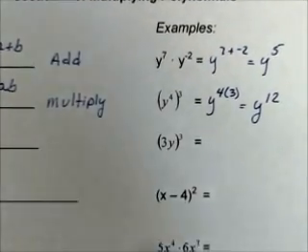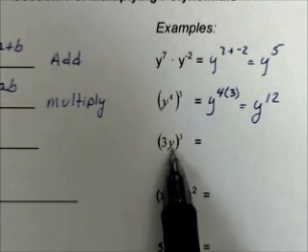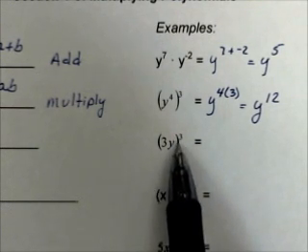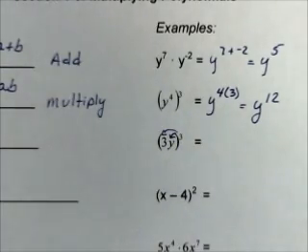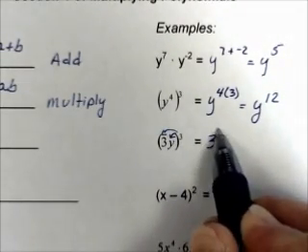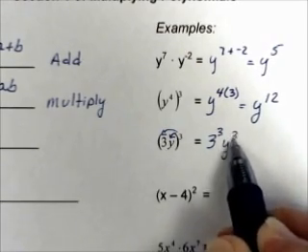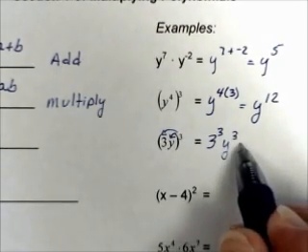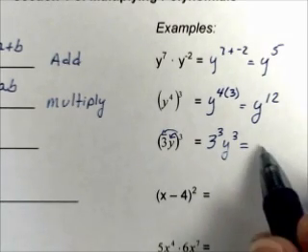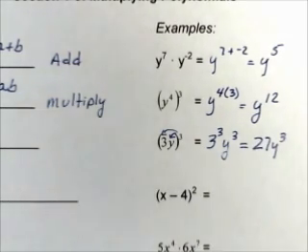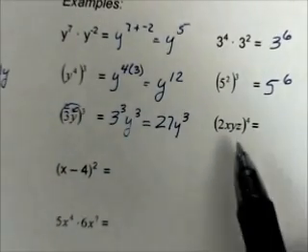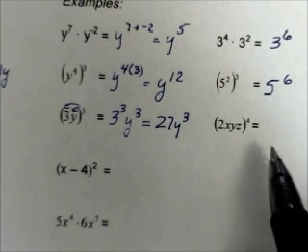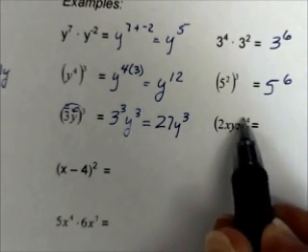Next, 3y to the 3rd. You have this product, 3y is in parentheses, and you have to raise it to the 3rd power, so you're going to distribute the power. So we have 3 to the 3rd times y to the 3rd, which we could write as 3 to the 3rd is 27. 27y to the 3rd. The product 2xyz raised to the 4th power, we are going to distribute that power.